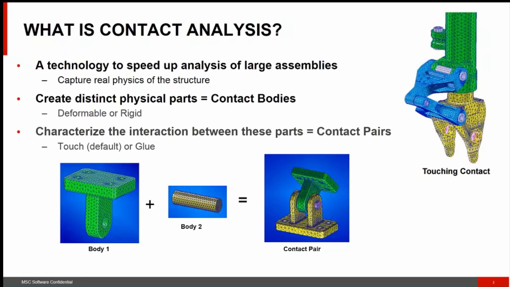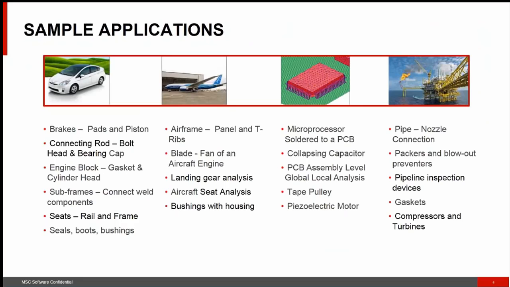The first step is to define the bodies and distinguish which parts are connecting to each other. As you can see from this image, we have a body 1 and a body 2 for this slug and pin. Then we define how these bodies are interacting with each other. Are they touching? Are they glued? These are the topics we're going to be discussing in this webinar.